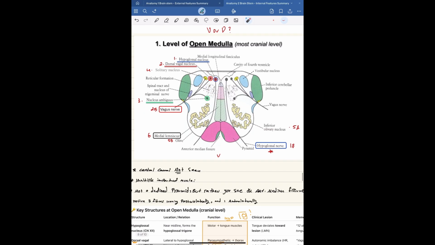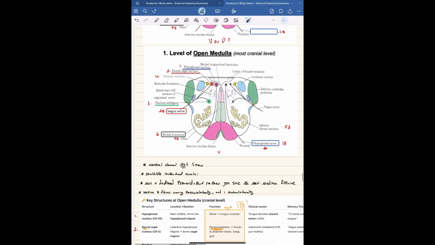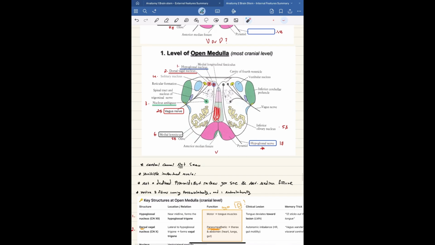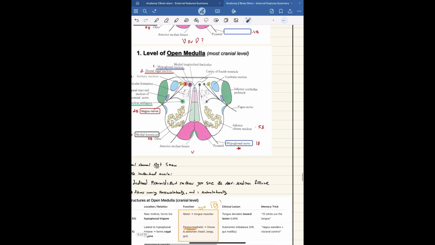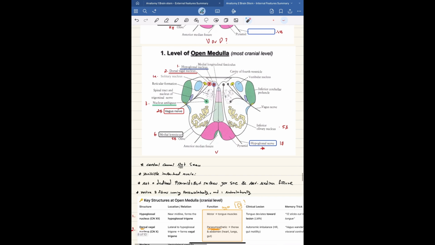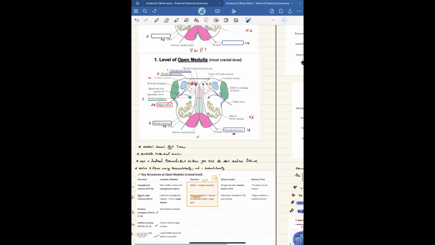Then, when you go further to the middle, you'll see the medial lemnisci, and further down, you will see a pyramid which has a distinctive shape. I'll talk about it in a second. Finally, you'll see the hypoglossal nerve passing. Now, these are the pinpointing structures I told you about for the open medulla.